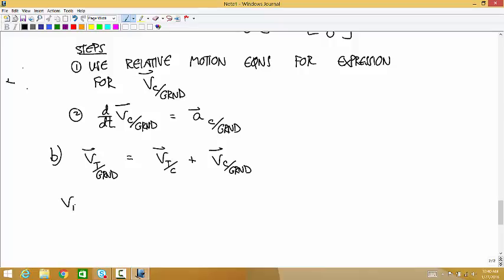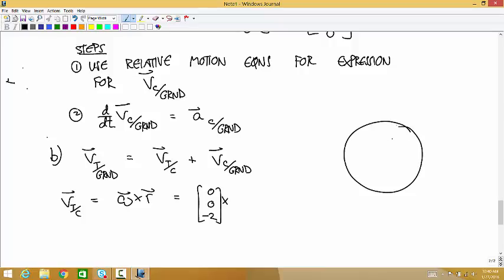The velocity of the top relative to the center is omega cross r. So that's 0, 0, -2 crossed with the r vector to the top.